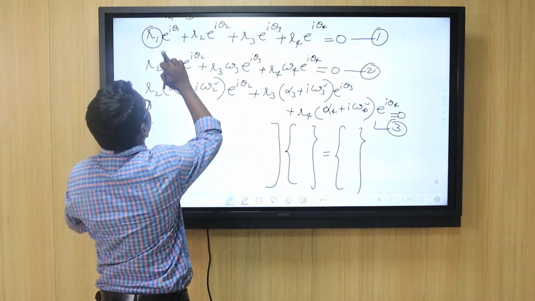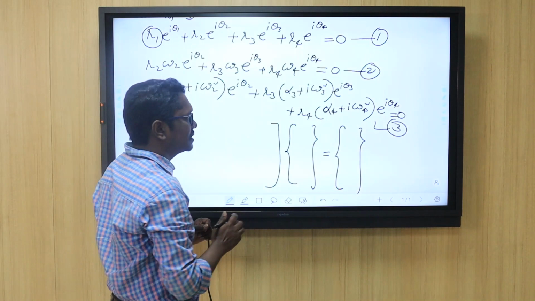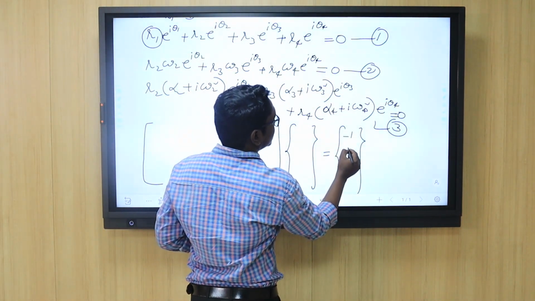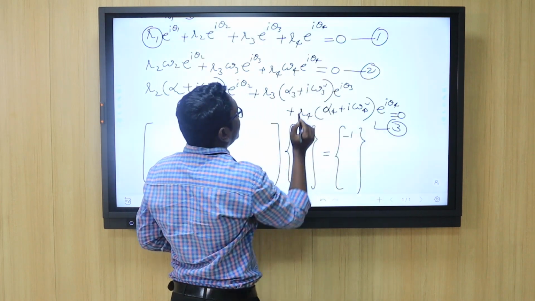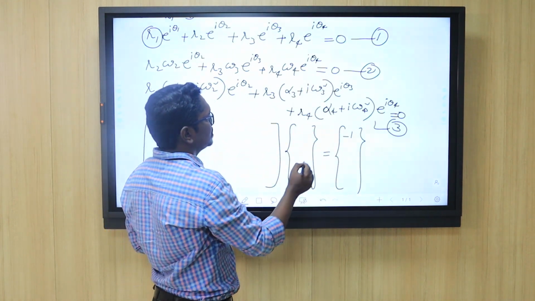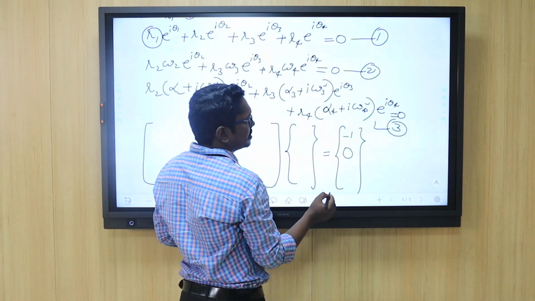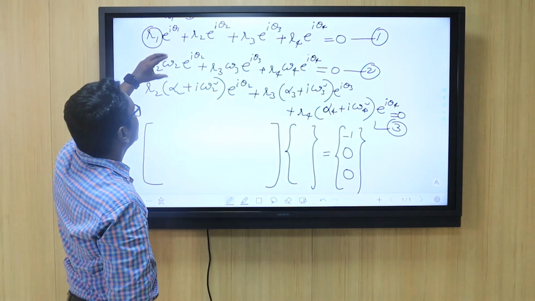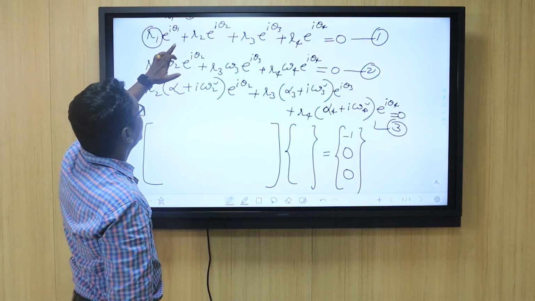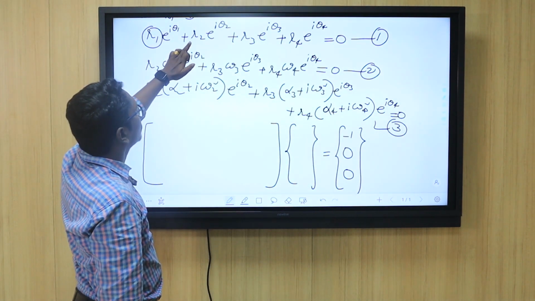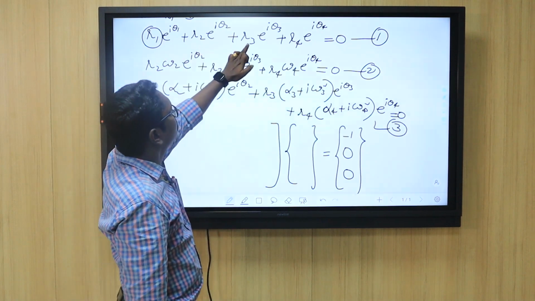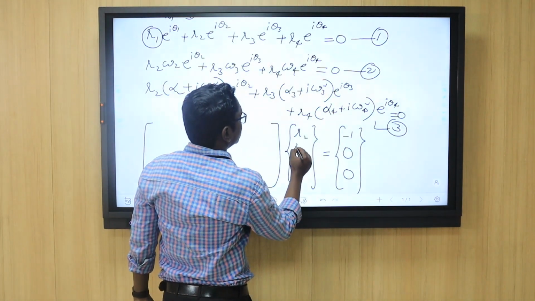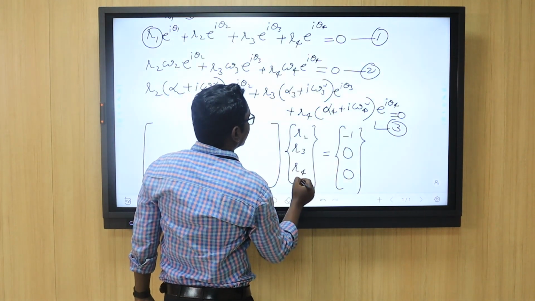From the first relation we have r1 as a constant, so here we write -r1, and for the second equation we have no constants. For the third equation also we have no constants, 0. By considering these three relations, we have r2, r3, r4 as the unknowns.